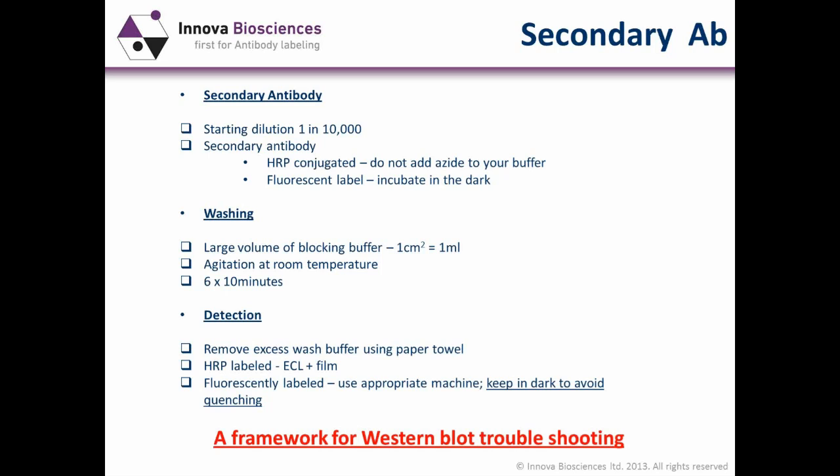And if I was using HRP labeled secondary antibodies, I would expose it to ECL, drip off the excess ECL, wrap it in cling film, and then expose it to the film.